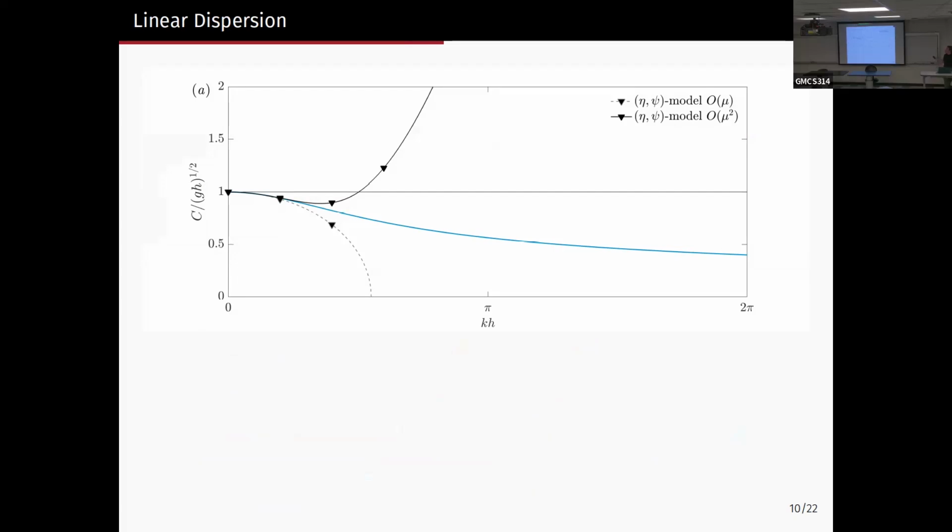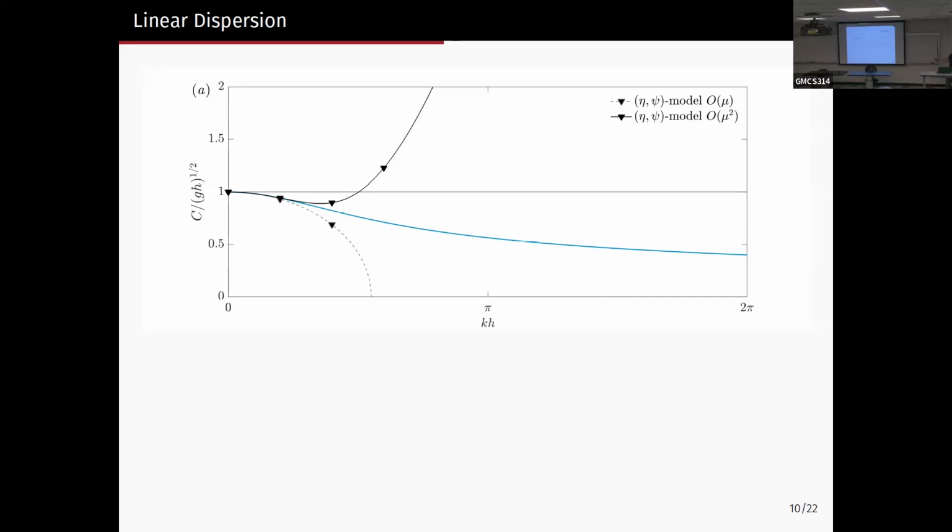So if you take an asymptotic model using eta and psi, the blue one is the exact dispersion relation, the dispersion relation of water waves. The black horizontal line is the dispersion relation of the Saint-Venant equations, the nonlinear shallow water, which are non-dispersive. You see that they all agree when kappa h, which is the wave number, is very small, like in very shallow water. You describe what dispersion means in this context.